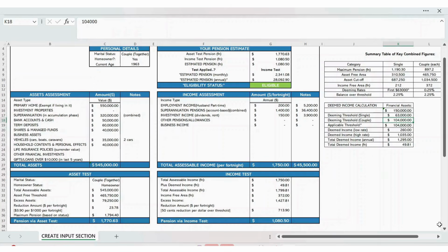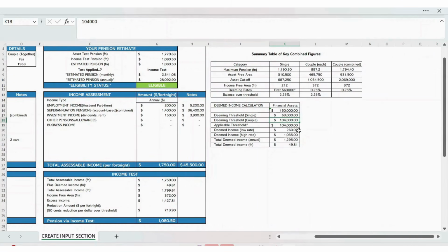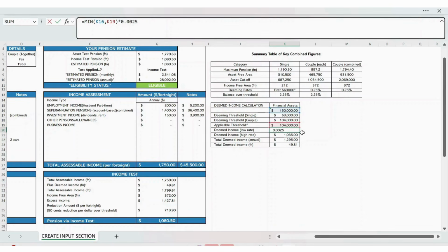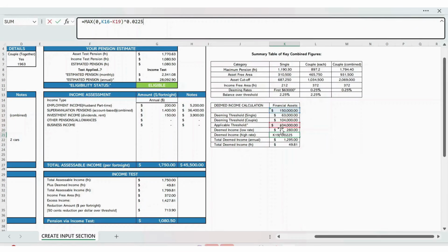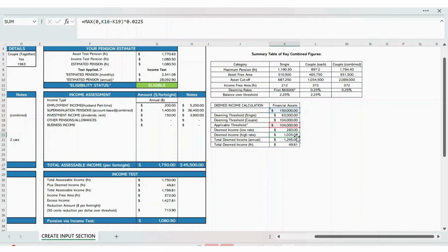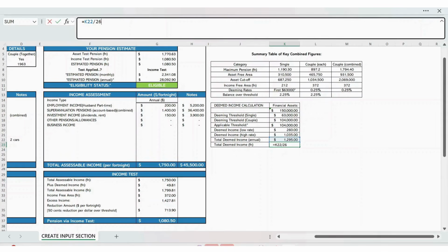The first $104,000 of financial assets is deemed to earn 0.25%, cell K20 equals min of K16 times 0.0025. Anything above that is deemed to earn 2.25%, cell K21 equals max 0, K16 minus K19 times 0.0225. The total deemed income is calculated annually, then divided by 26 to get the fortnightly figure added to your actual income.